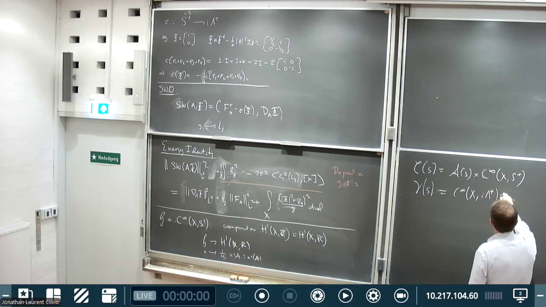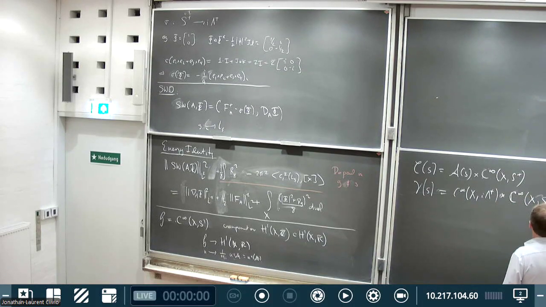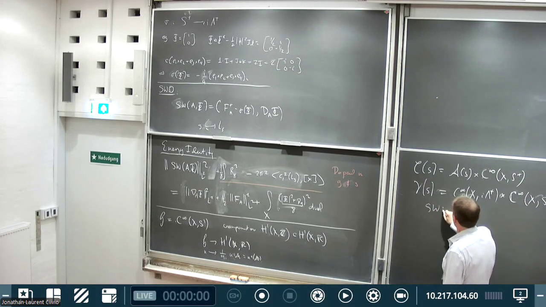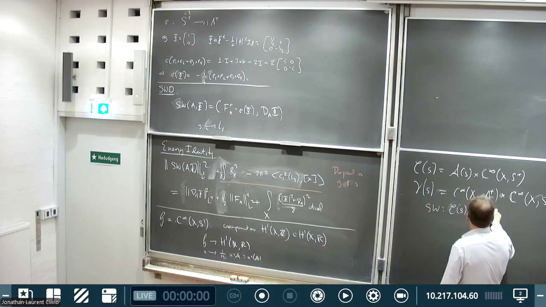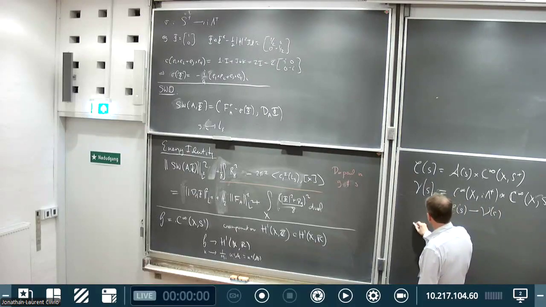So the forms become sections of negative spinors. And yeah, so these terms have this map, and this map is equivariant.